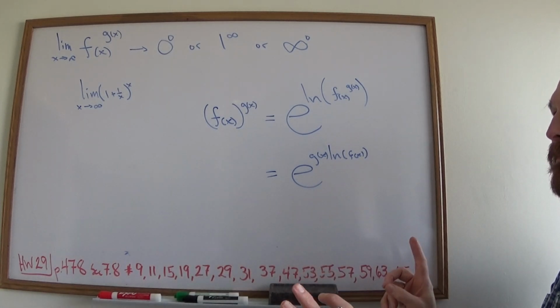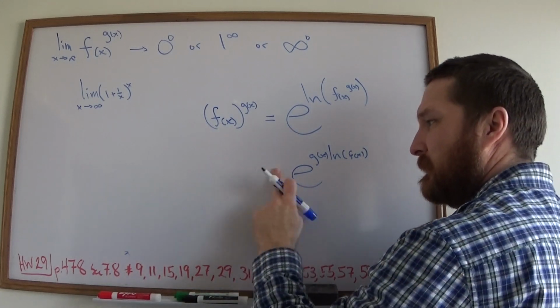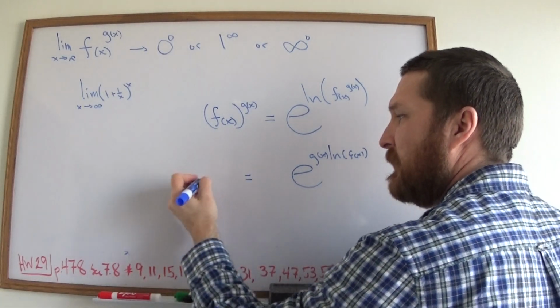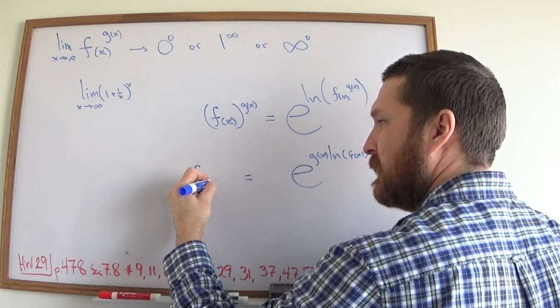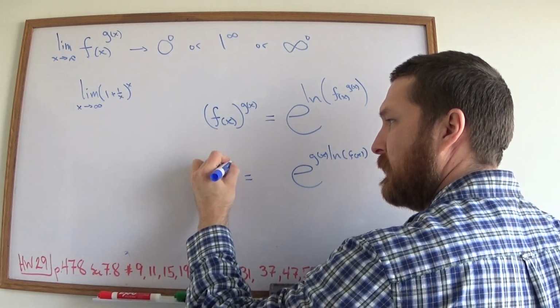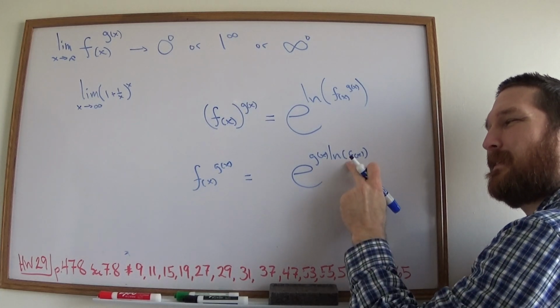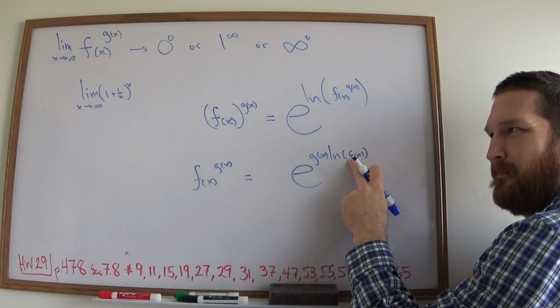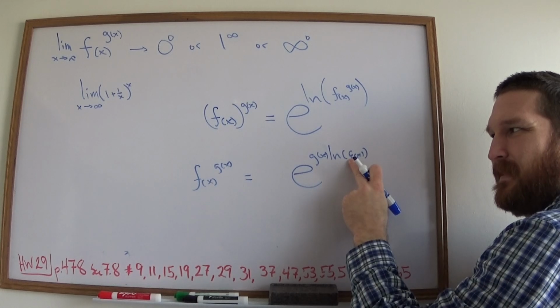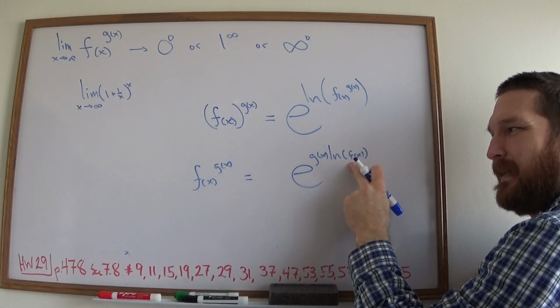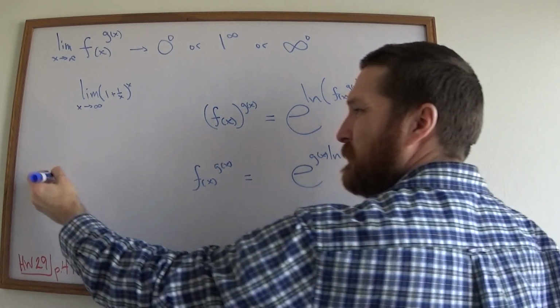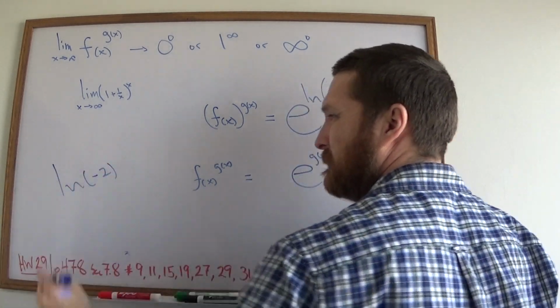So this is the same thing as this. They mean exactly the same thing, as long as f is positive. Because what's log of negative 2?